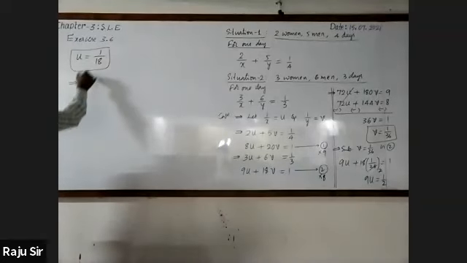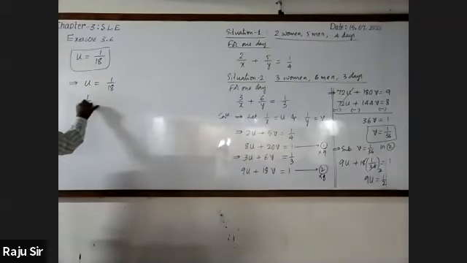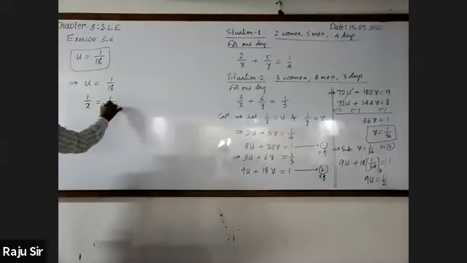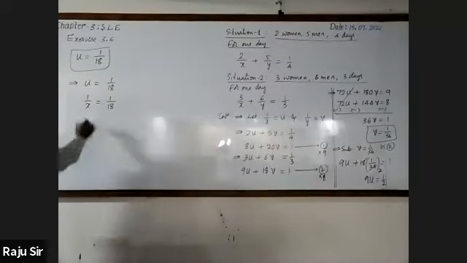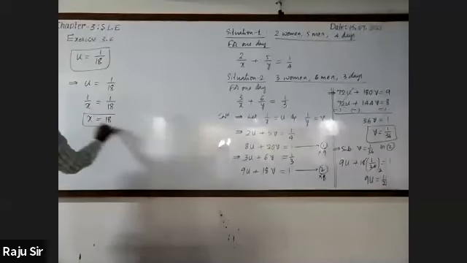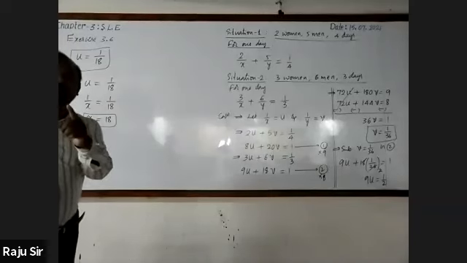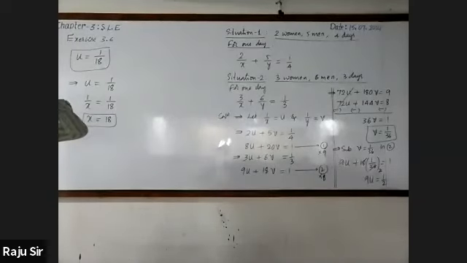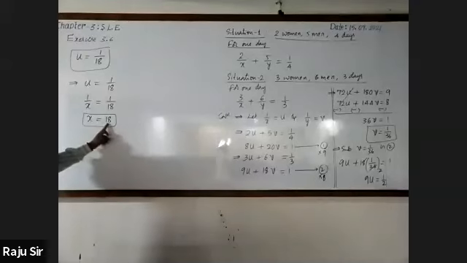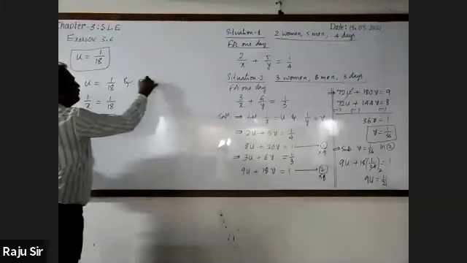Now, let's go for finding x and y values. U is 1 by 18 and where u is 1 by x, which is equal to 1 by 18. X is equal to 18. If one woman alone can do the work, she can finish just in 18 days. Next, I'll go for taking v value.